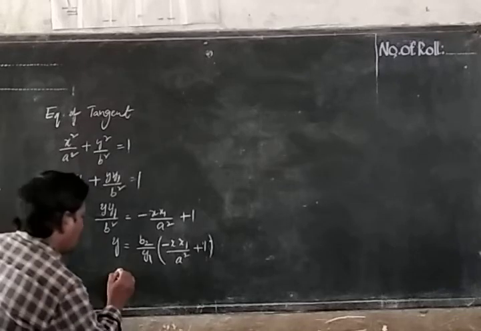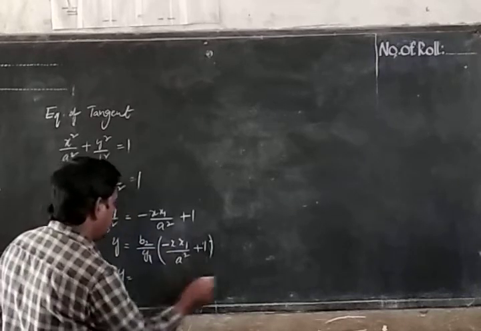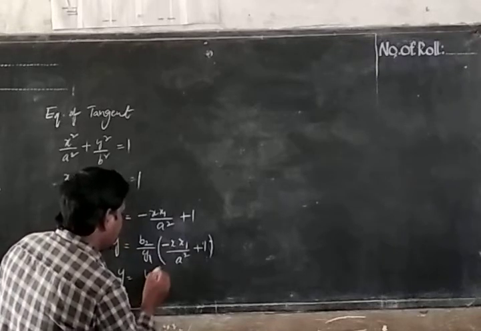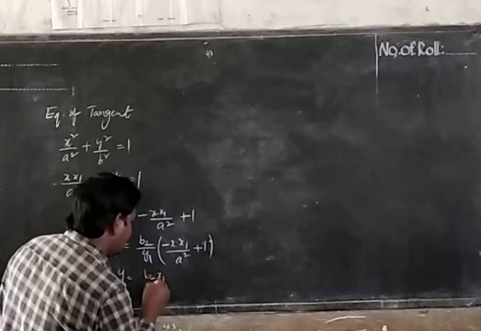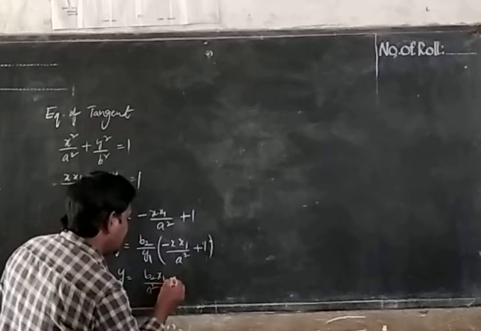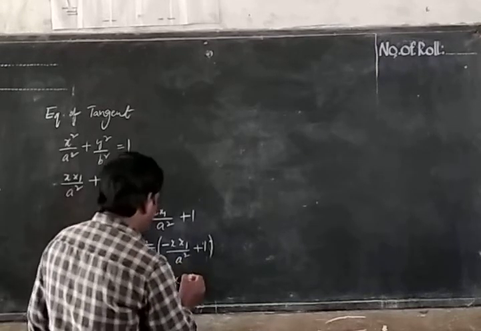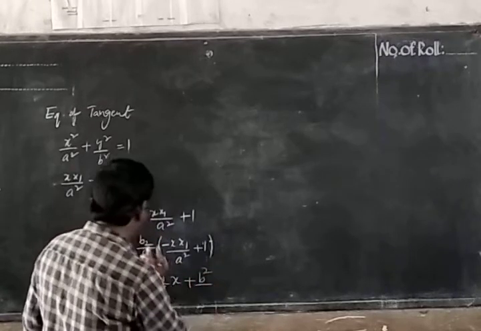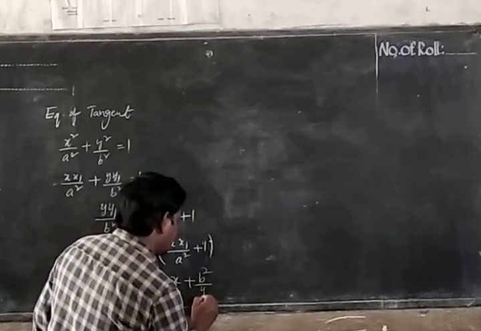Now y equal to minus b square x1 by a square y1 into x, plus b square by y1.